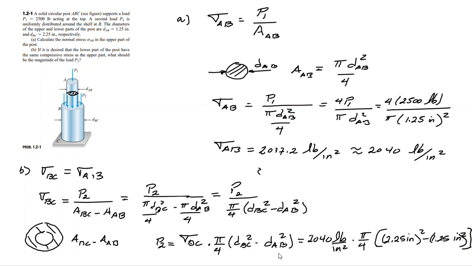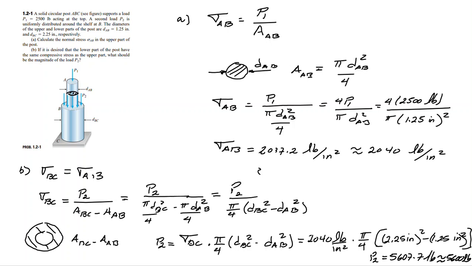And then we perform the calculation, and P2 will be approximately 5,600 pounds. It's exactly 5,607.7 pounds, which is approximately 5,600 pounds.